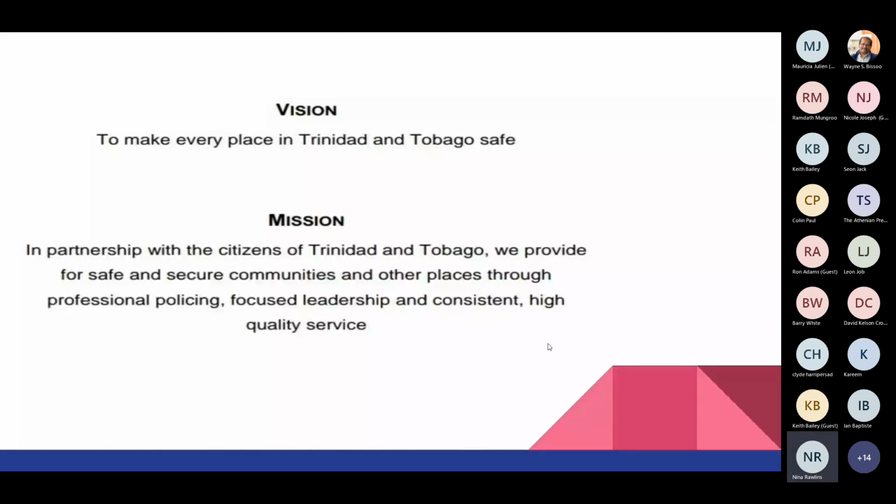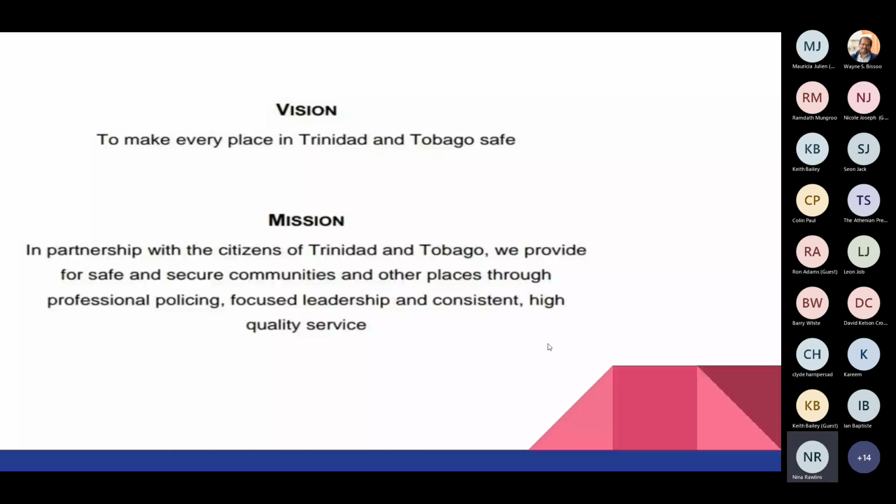For example, what does the organization do? In the mission statement, it clearly states that they provide safe and secure communities. The second question is also answered. Who does it serve? In the first line, we see that it serves the citizens of Trinidad and Tobago.